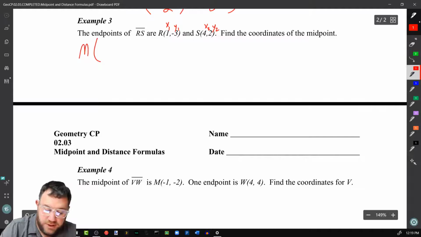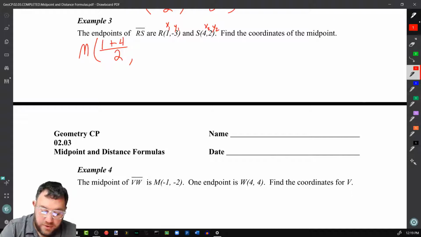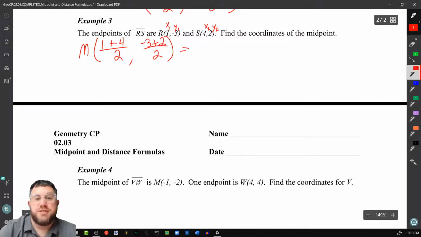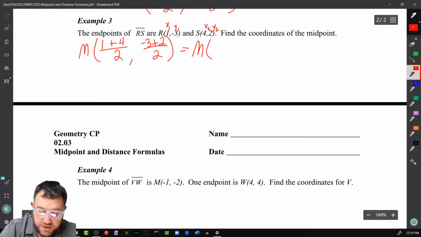So our midpoint will be our two x's added together. So that's going to be 1 plus 4, then we'll divide that by 2. We'll add our y's together, it'll be negative 3 plus 2, and we'll divide that by 2. So 1 plus 4 is 5.